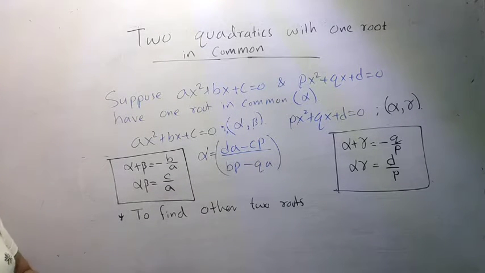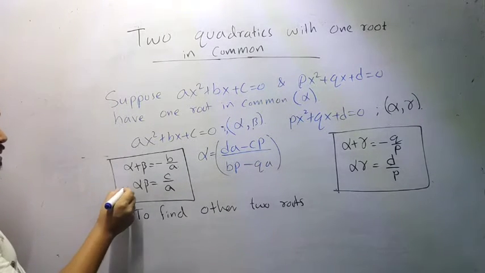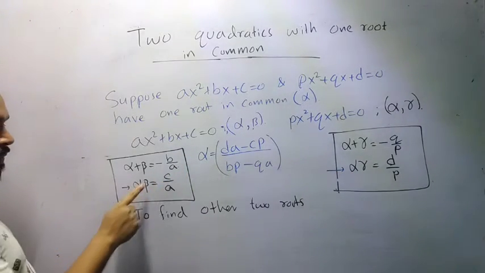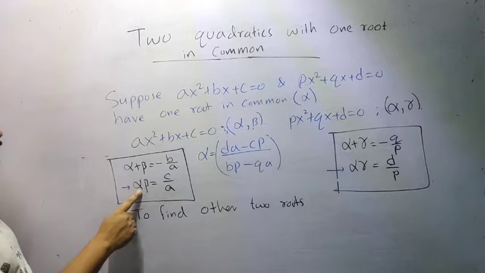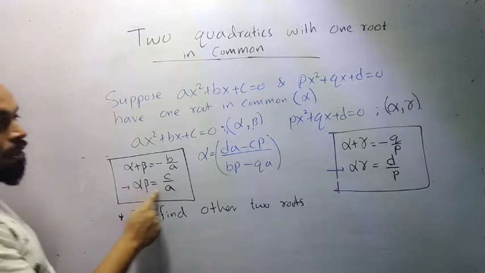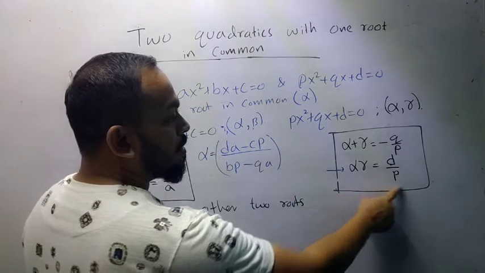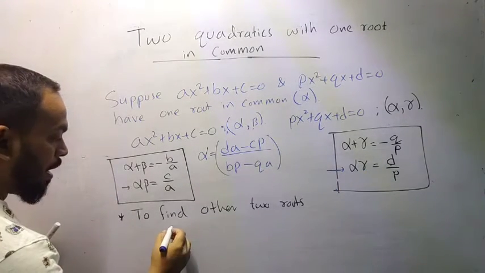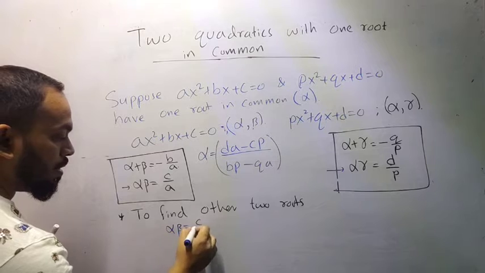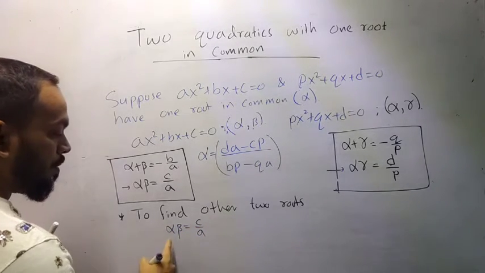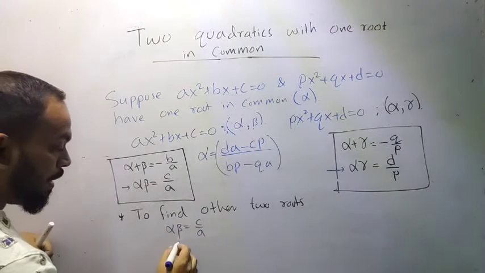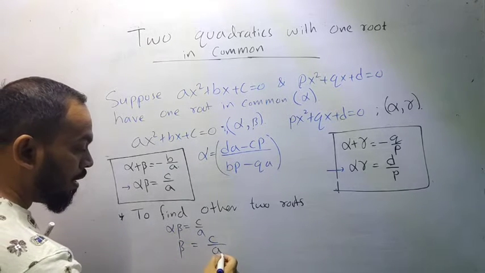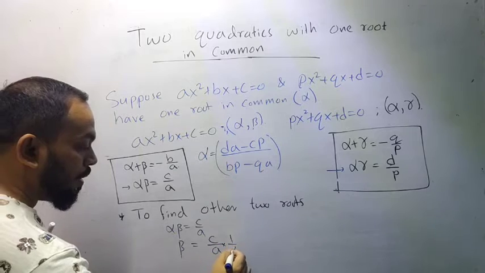Now here's what we're going to do. We're going to use these two relationships because we already found alpha here. If I substitute alpha, the value in this equation, I can get beta. If I substitute alpha in this relationship, I can get gamma. So I can use this relationship, alpha beta equals C over A. Based on this, I can find beta equals C over A into 1 over alpha.